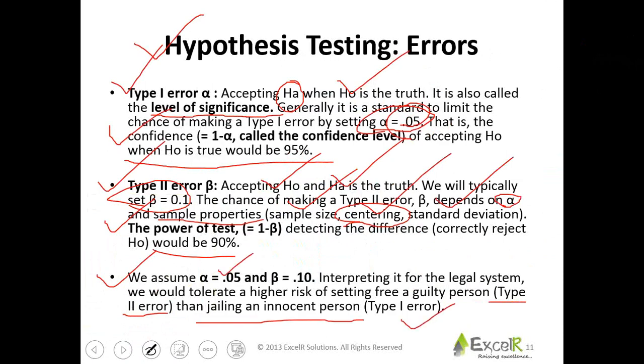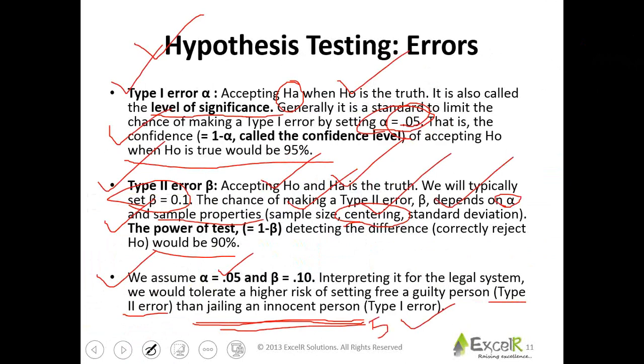Hence, you're taking only a 5% chance of type 1 error. That means you do not want to jail an innocent person. You're saying that only 5% of the times can I be wrong here. But setting free a guilty person, still that is a little okay. But jailing an innocent person is not at all okay.